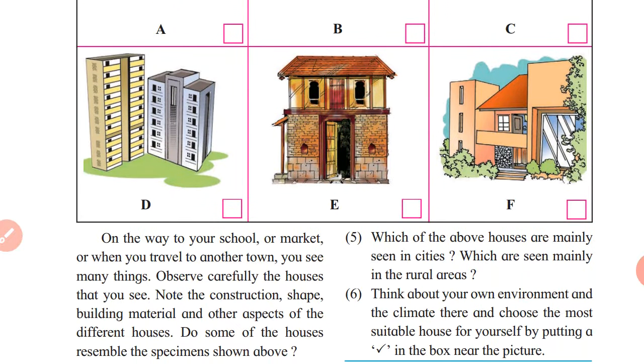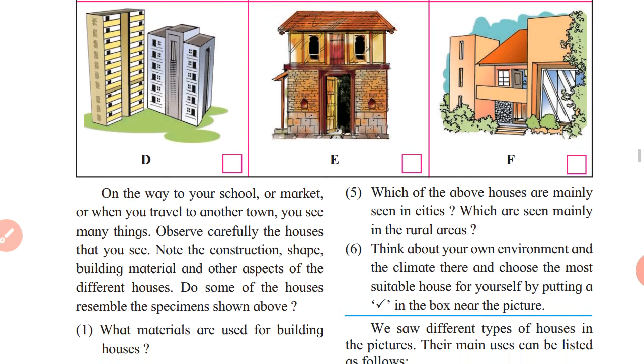On the way to your school or market, or when you travel to another town, you see many things. Observe carefully the houses that you see. Note the construction, shape, building materials, and other aspects of the different houses. Do some of the houses resemble the specimens shown above?